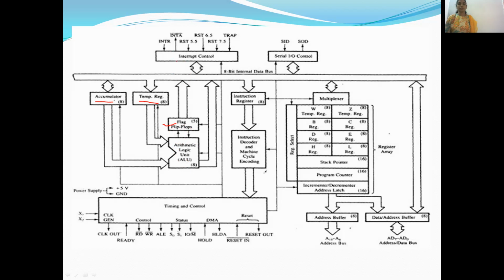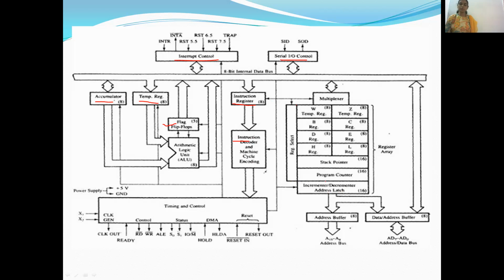Now see the interrupt control block, serial IO control block, instruction register, instruction decoder, and machine cycle. See here, general purpose registers also. These are the general purpose registers: WZ, BC, DE, HL.